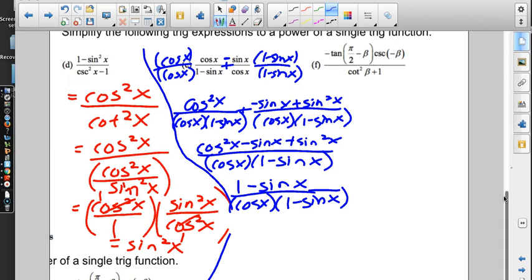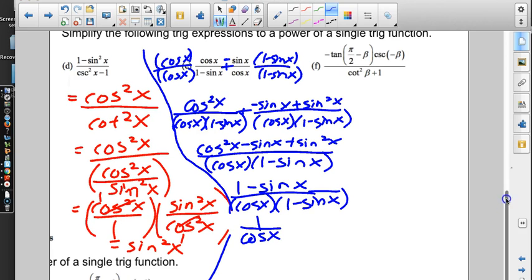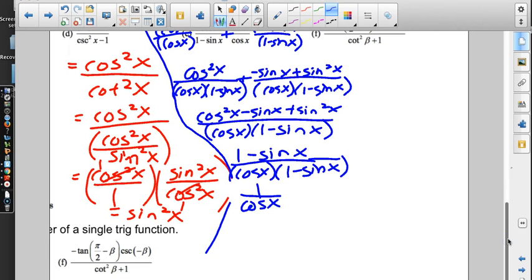One minus sine x is going to cancel, right? How do we write 1 over the cosine of x as a single trig function? Secant. There it is. So those Pythagorean identities, constantly watching for them.